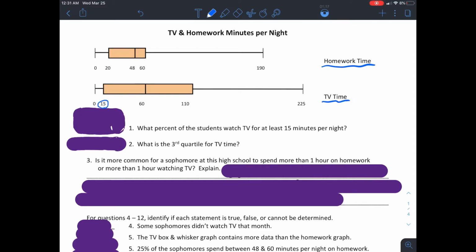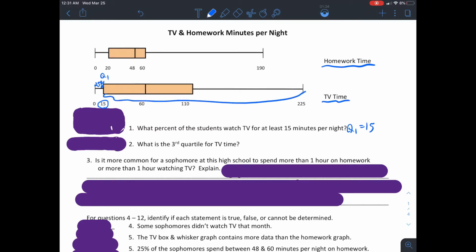And it says, how many watch TV for more than 15 minutes? Well, 15 is my Q1. So if my Q1 equals 15, that means that 25% of the data is in our first whisker.